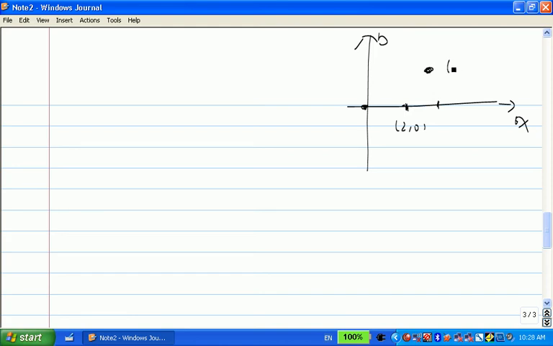So this point is 3, 2. Okay. So your curve C really is 2 parts. The first part is here and the second part is there. That's your curve C. Let me give a name. I call the first line segment C1. The second one I call C2. Then your integral over C really is equal to the line integral over C1 plus the line integral over C2.